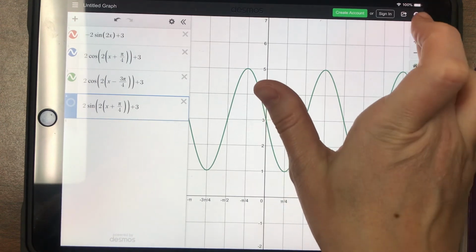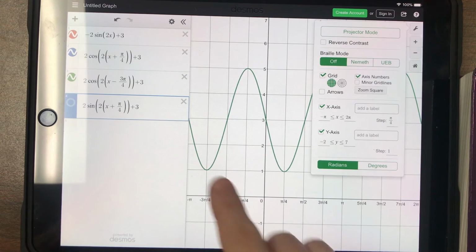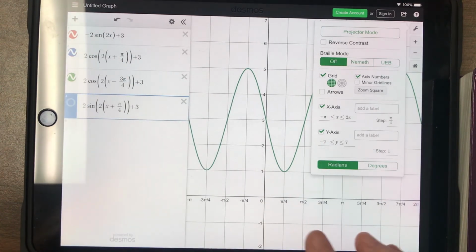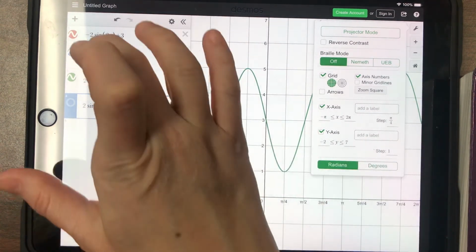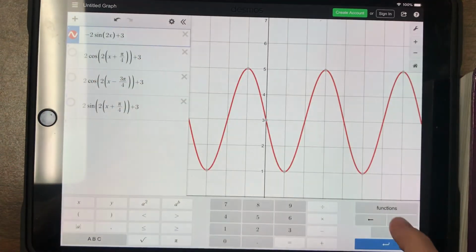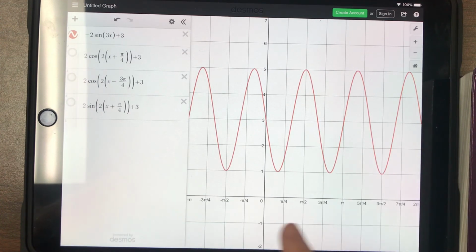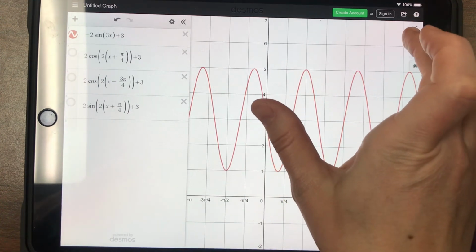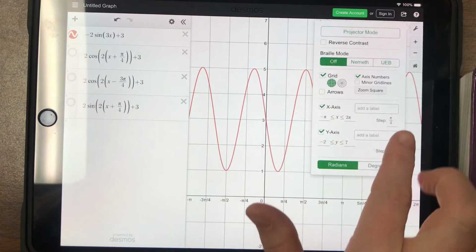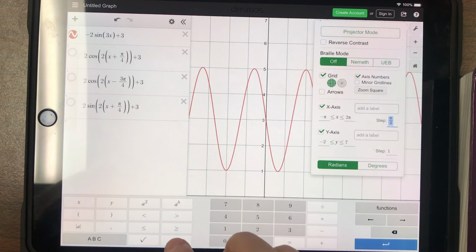So notice I have this pi over 4 down here because my period ended up being pi, and so we divided it into 4 pieces. But if I had changed this, let me turn off these, if I had changed this to a 3, this pi over 4 is no longer helpful. What I want to do instead is make my step, well, hang on, pi over 6.